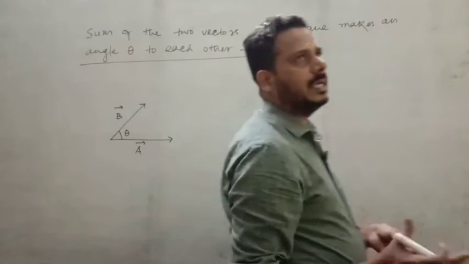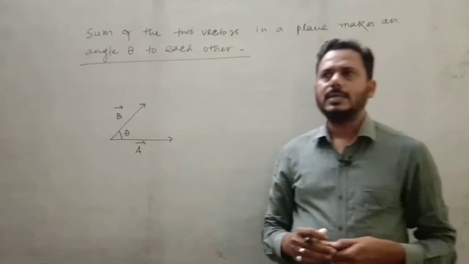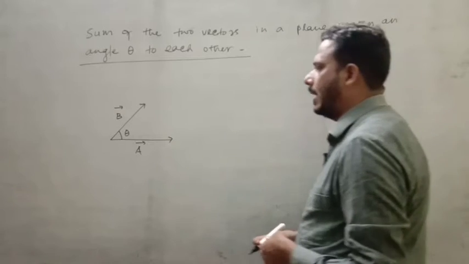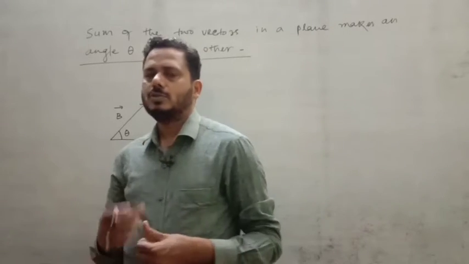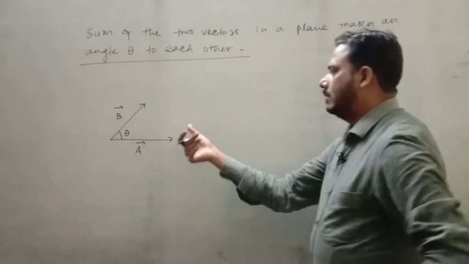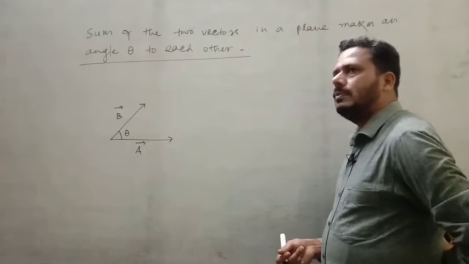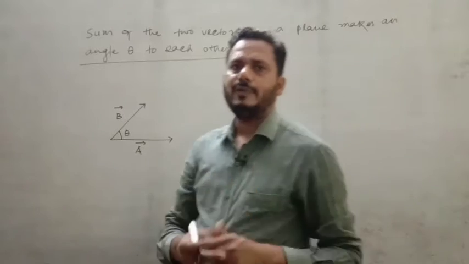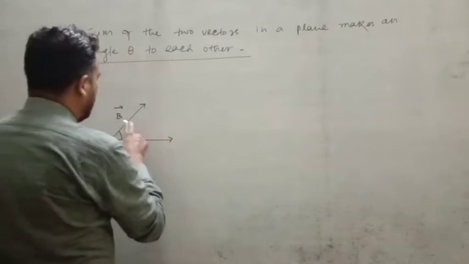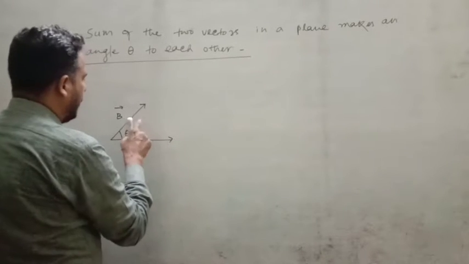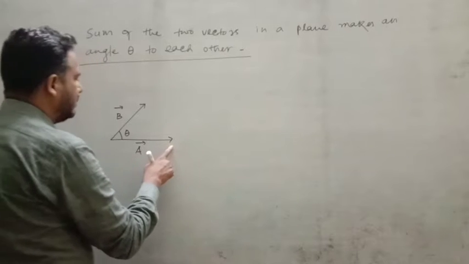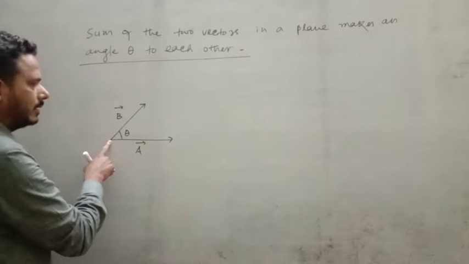In the last class we have seen the sum of vectors that make an angle theta, and how we combine both vectors. If you remember that, you can understand that the way of combination of vectors is that the head of the first vector is combined with the tail of the second vector.